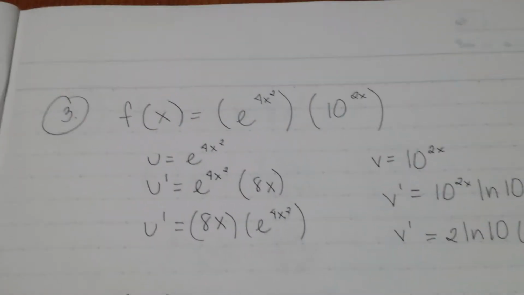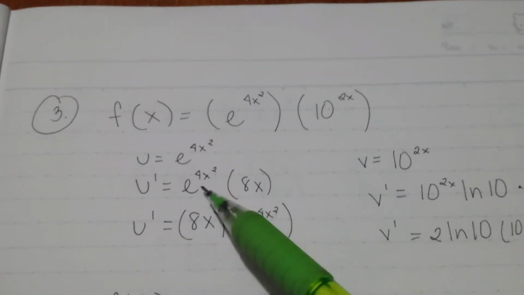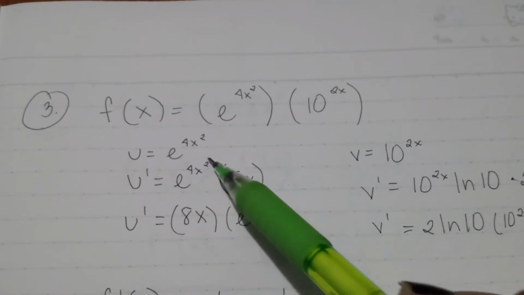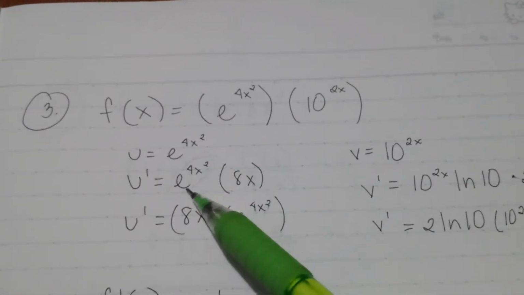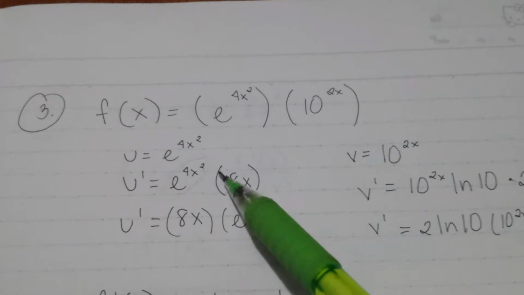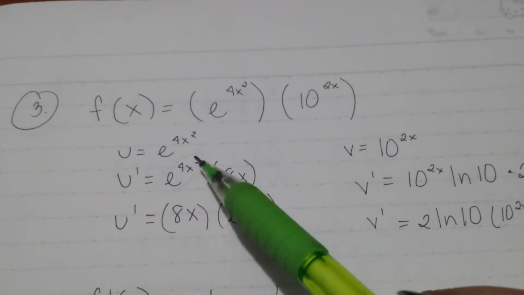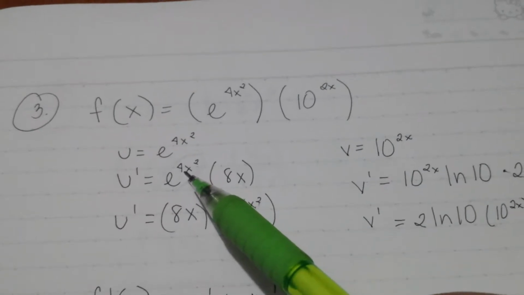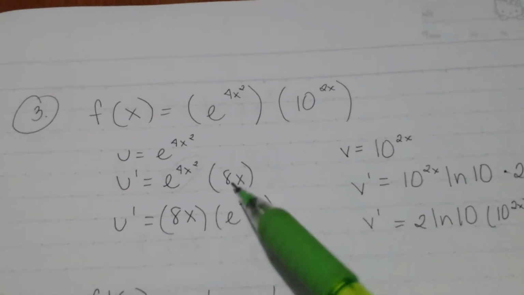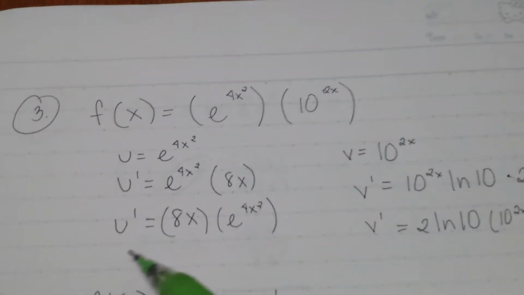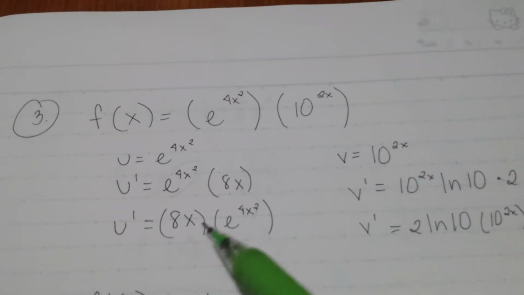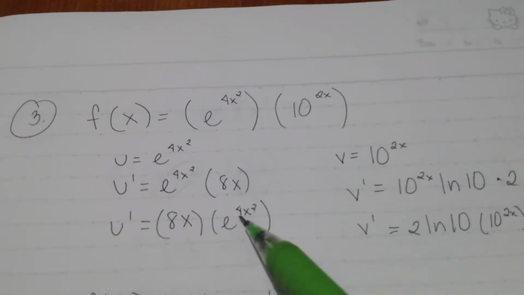So u prime is equal to, copy the e, copy this, e raised to 4x squared. Then quantity, the derivative of 4x squared, so we have 8x. So u prime is equal to 8x, quantity e raised to 4x squared.